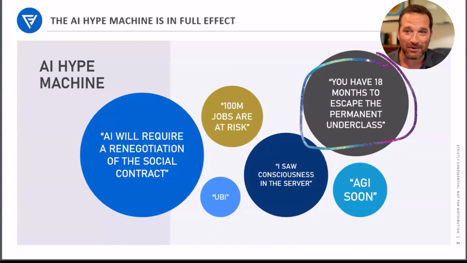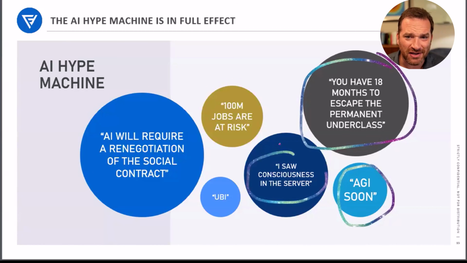I'm like, "Oh crap! I got to go to work and escape the permanent underclass," whatever that means, or AGI is coming soon, or someone apparently saw consciousness in the server and was off of his psychotic meds and needs to go back to see his therapist. AI will require renegotiation of social contract.